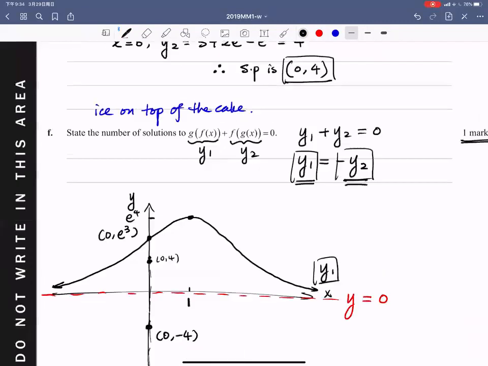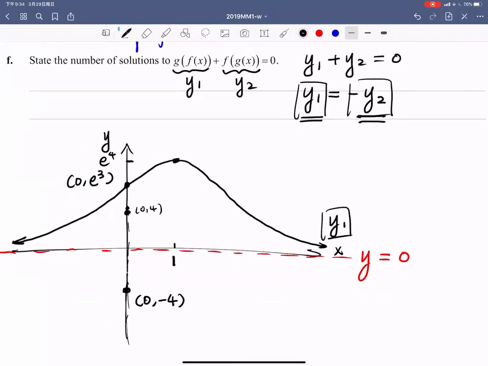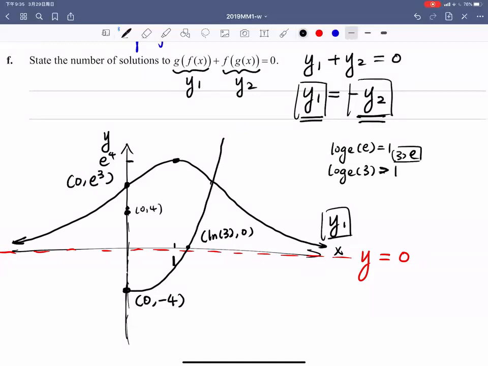That's natural log 3. Natural log 3 is definitely greater than 1 because natural log e is 1, and natural log 3 must be greater than 1 because 3 is greater than e. That's assumed knowledge. Now I can join these two. Natural log 3, 0. And if I extend the graph like that, that's one point of intersection.